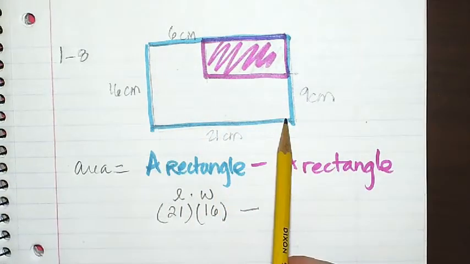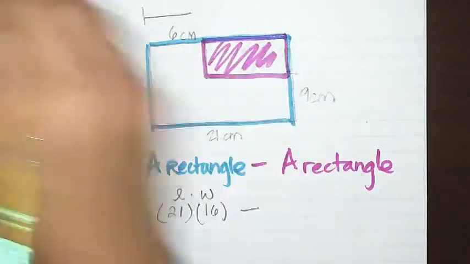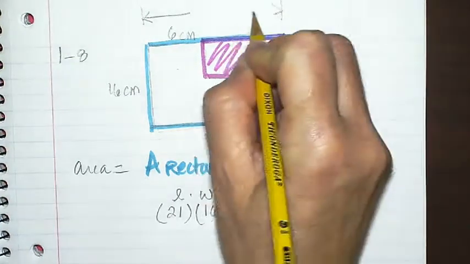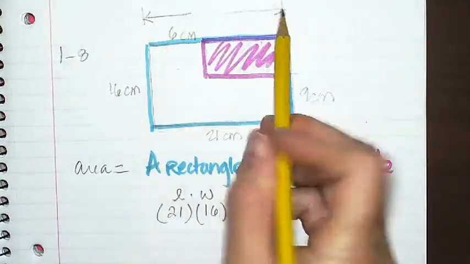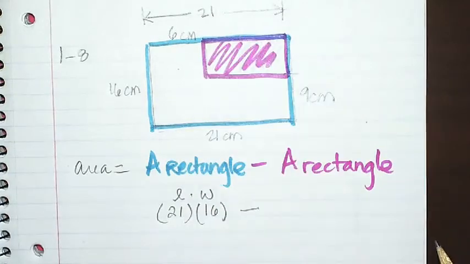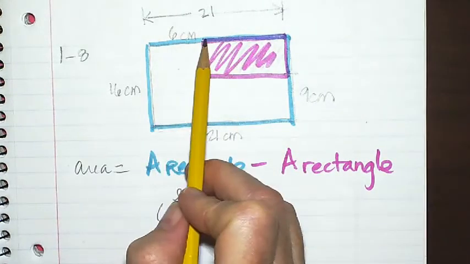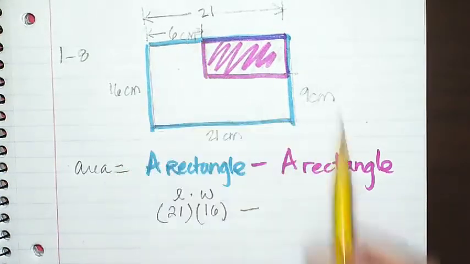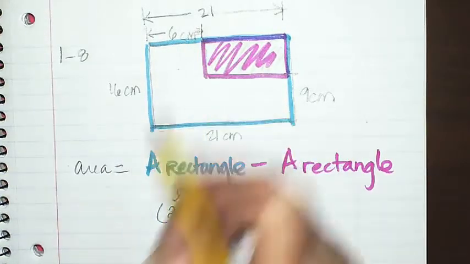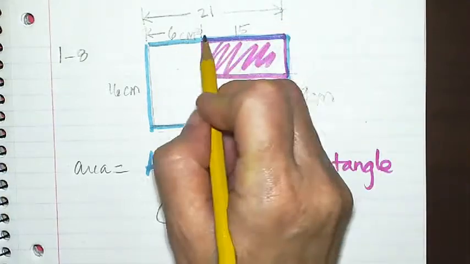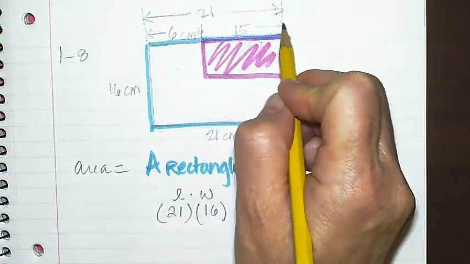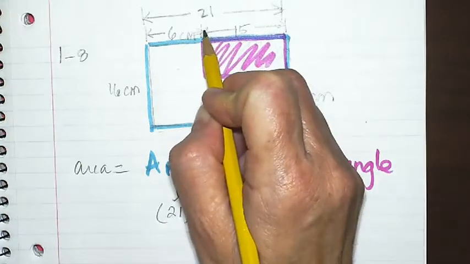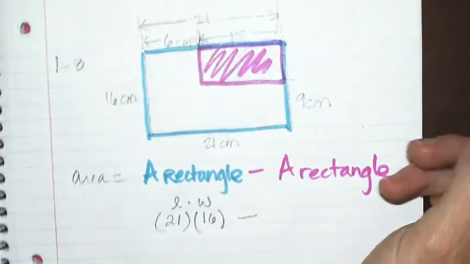If this entire side is 21, then I know from here to here is 21. So if this is 6, you can say to yourself, what plus 6 equals 21? Or you could just do 21 minus 6. So I know this length right here must be 15. You don't have to draw all these arrows. I'm just doing that to help you see it.